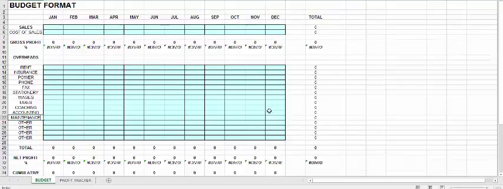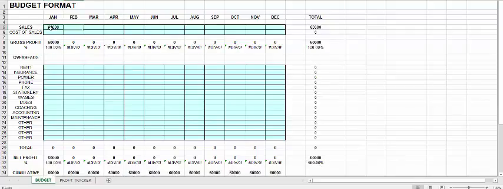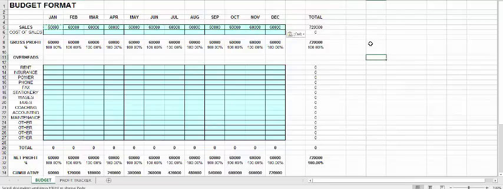So just for funsies, let's say I'm going to say 60,000 in sales. And I'm going to say every single month I am going to do 60,000 in sales, okay? And it's going to give you 720,000. So now let's say cost of sales, it's going to be 40,000 that I'm going to budget for.